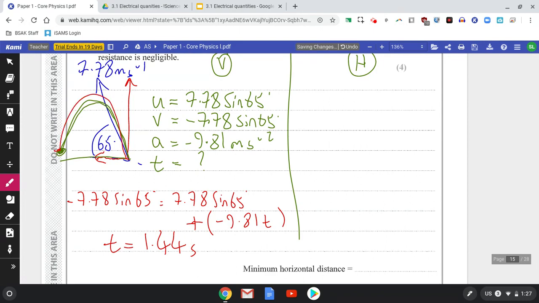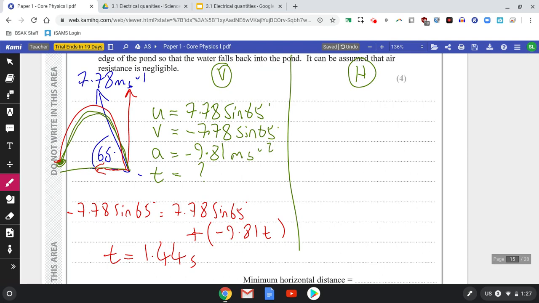So the horizontal bit is more straightforward. This is where we're going to use v equals distance over time. Because the horizontal velocity doesn't change, because we're ignoring air resistance, the horizontal range is vT. So the horizontal range here is 7.78 cos 65, isn't it?